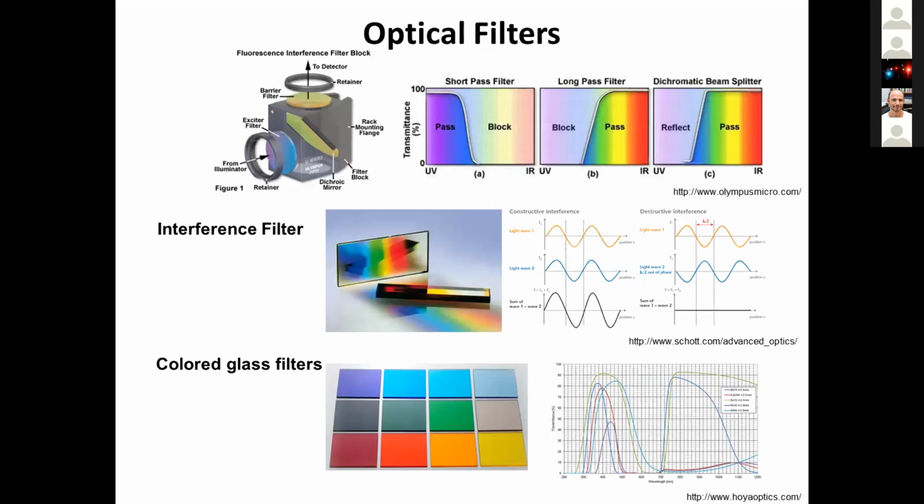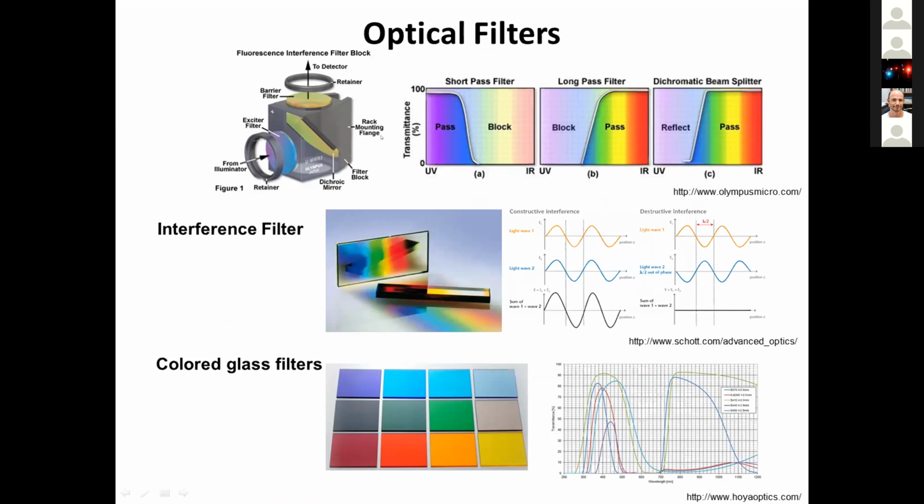microscope. So finally, I will just make a mention about the optical filters that we use. Basically, we usually use dichroic mirrors, which enable us to split the signal depending on the wavelength. They can be short pass, long pass, or band pass.